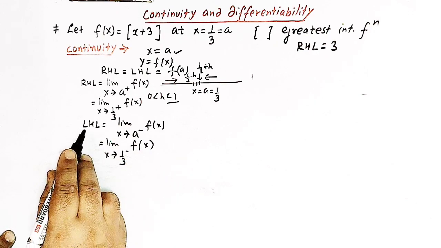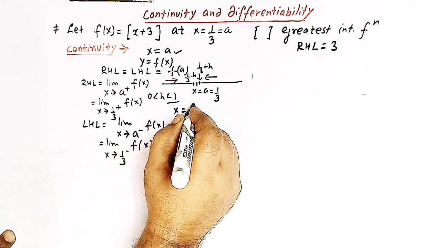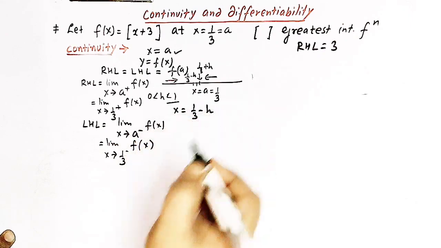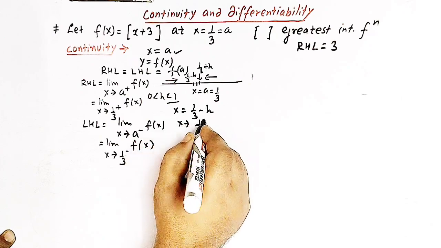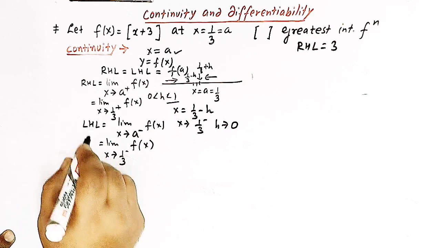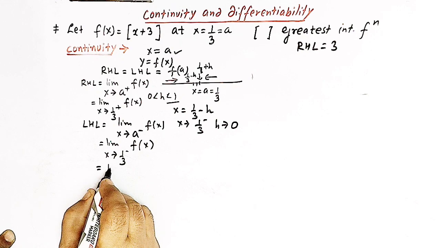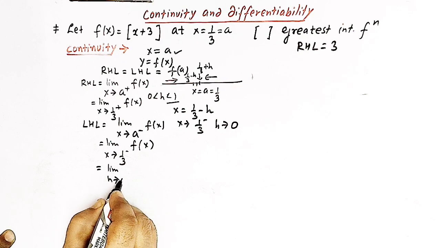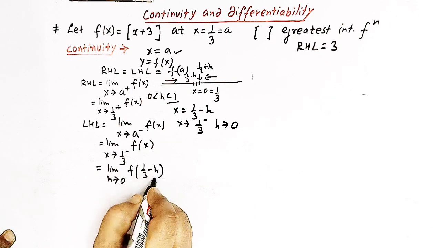So now to calculate the left hand limit, we take x equal to 1 over 3 minus h. So when x tends to 1 over 3, h tends to 0. So now the left hand limit in terms of h is given by limit h tends to 0 of f of 1 over 3 minus h.